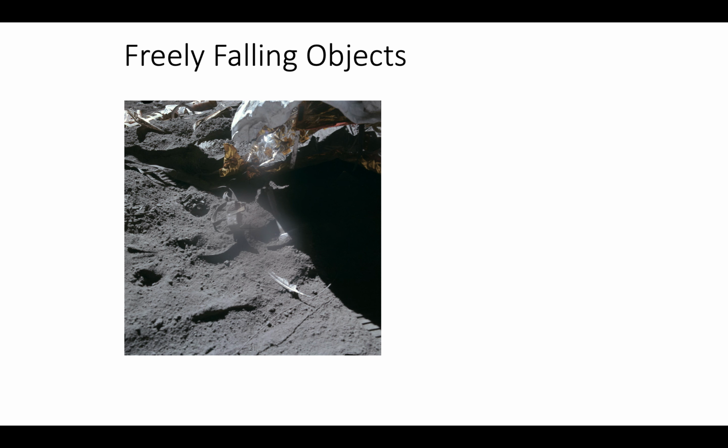But we are going to use an approximation with objects that are not falling far enough for air resistance to be a big factor, and that are dense enough that we're not going to worry about air friction like we would with a feather.